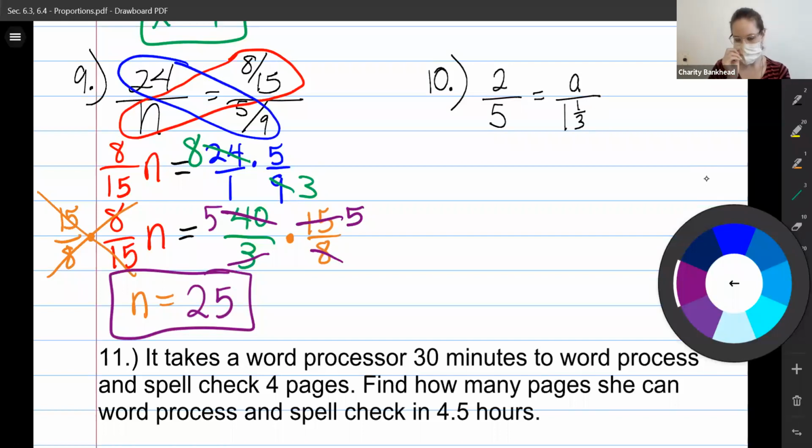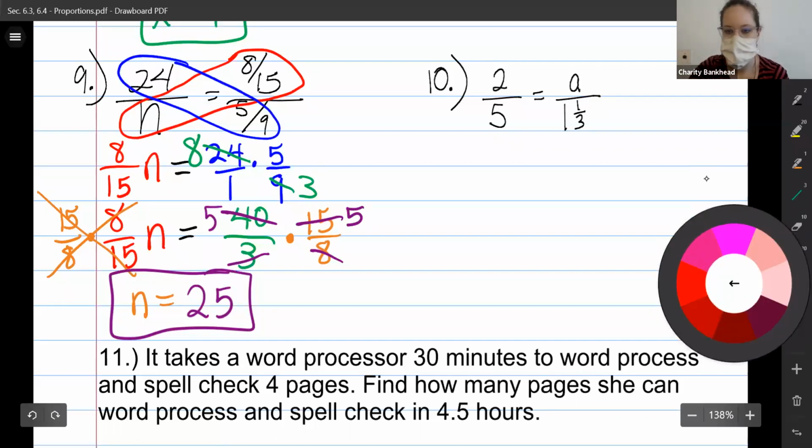All right, number 10. So the first thing I want to do is change that mixed number to an improper fraction. So 1 times 3 is 3, plus 1 is 4, so that's the same thing as 4/3.